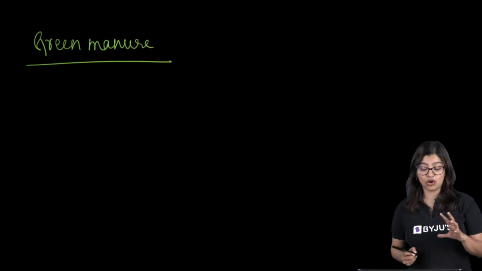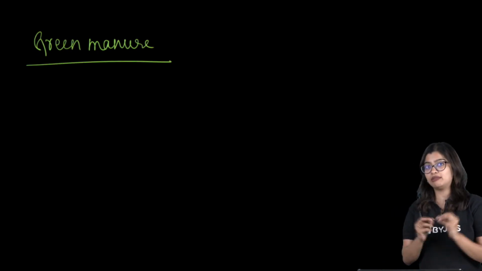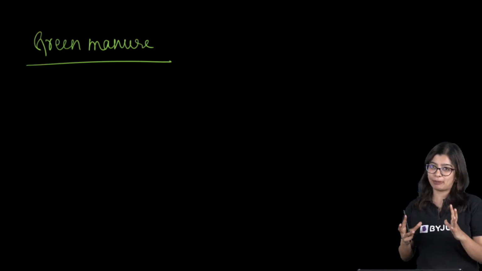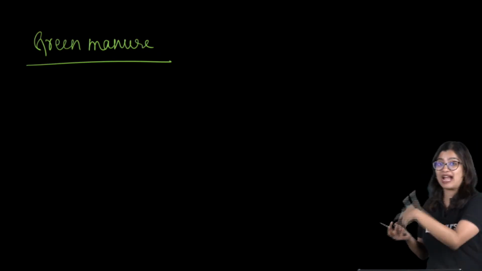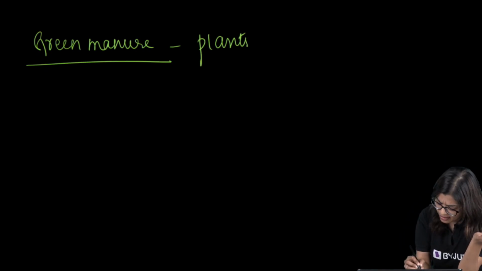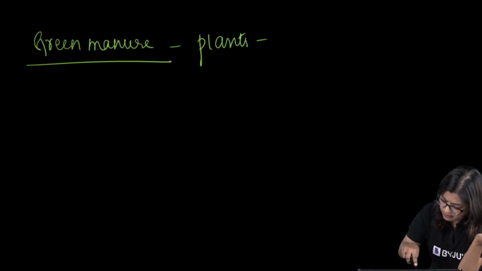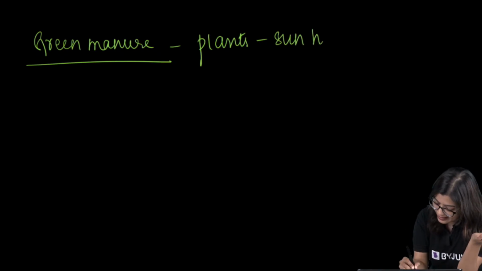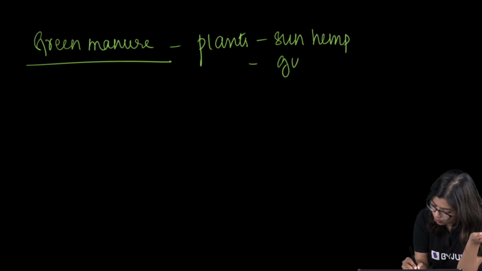Green manure is a kind of cropping wherein before you actually grow the crops, you grow some green plants, maybe sun hemp, or you will grow guar.